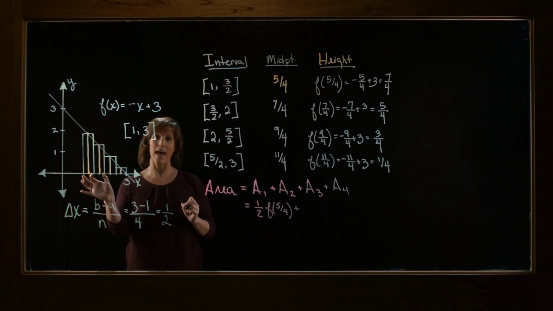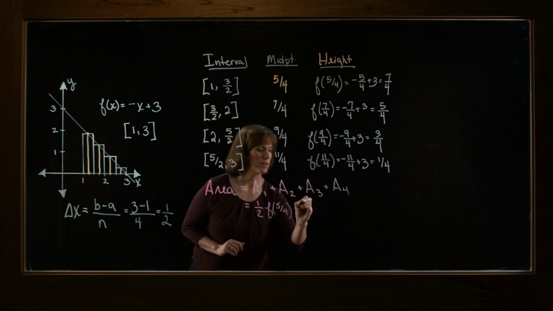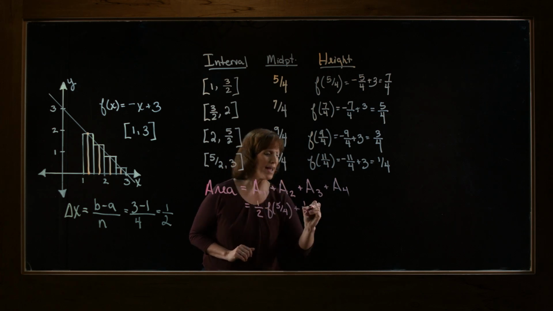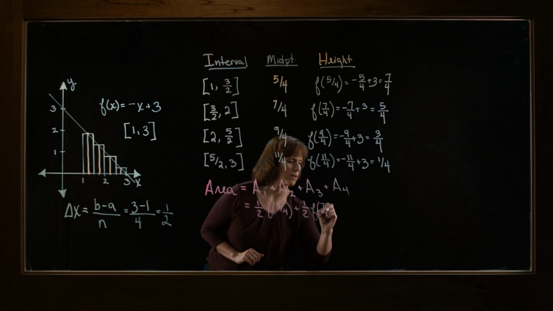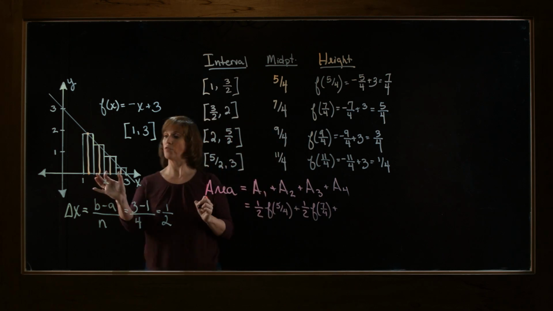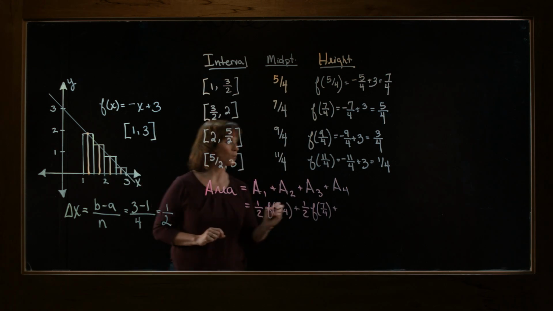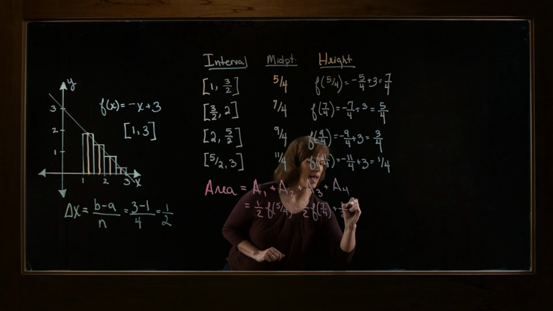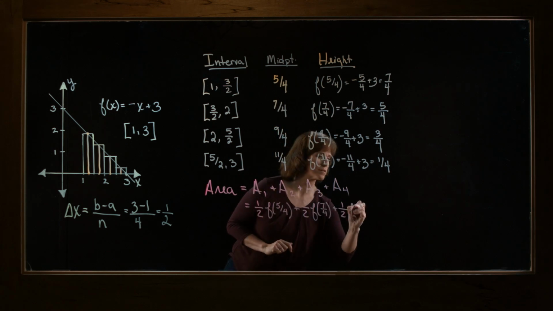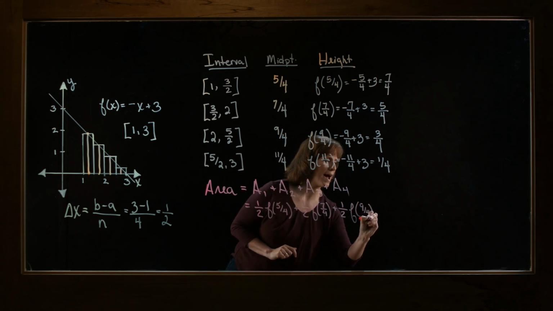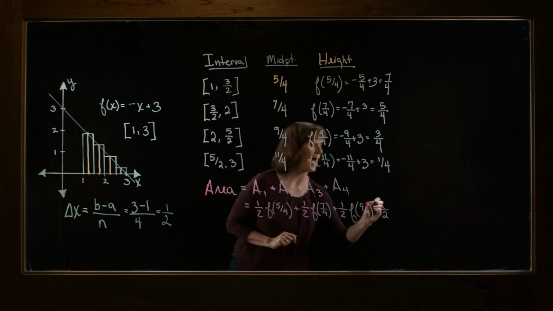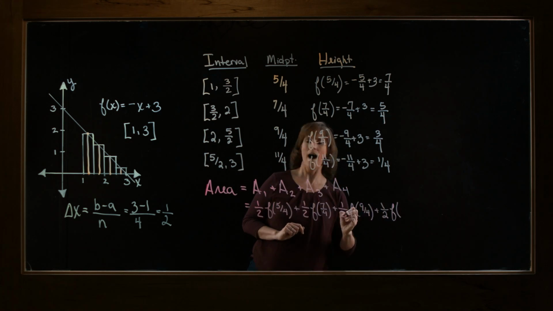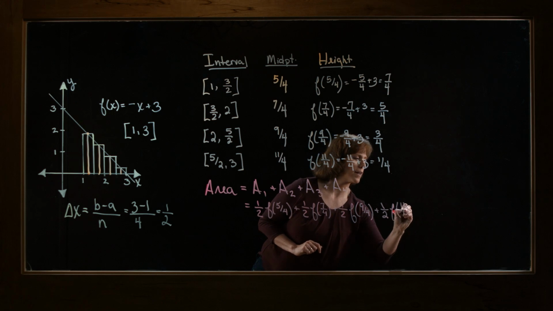In my second rectangle, the width is still 1/2. And the height this time is going to be f of 7/4. For my third rectangle, 1/2 for the width and f of 9/4 for my height. And finally, the last rectangle has a width of 1/2 and a height of f of 11/4.